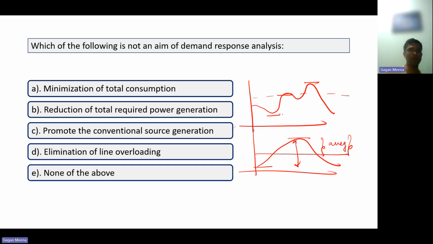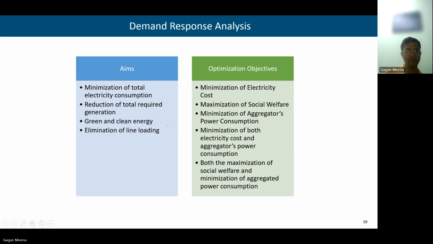That's why we want to minimize the total consumption to reduce that peak demand. And reduction of total required power generation, no, this is not the aim. Then promote the conventional source, this is not the aim. Elimination of line overloading, yes.